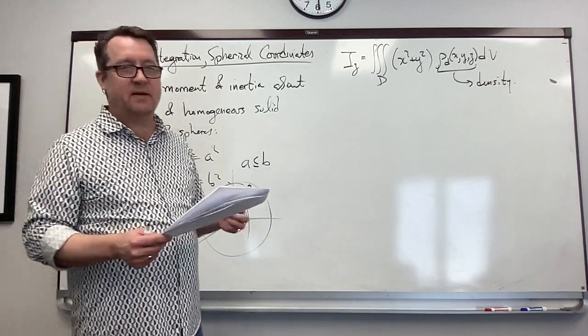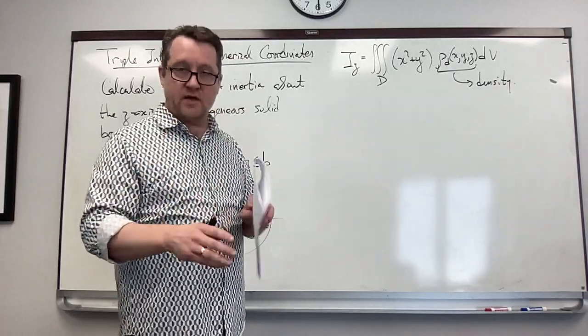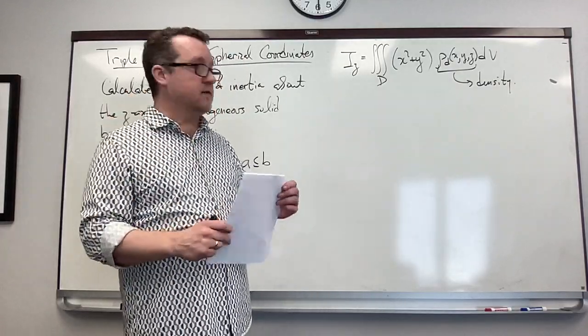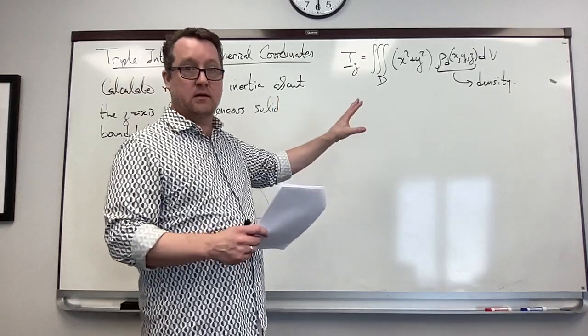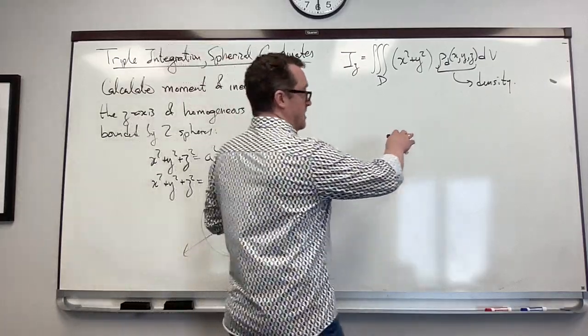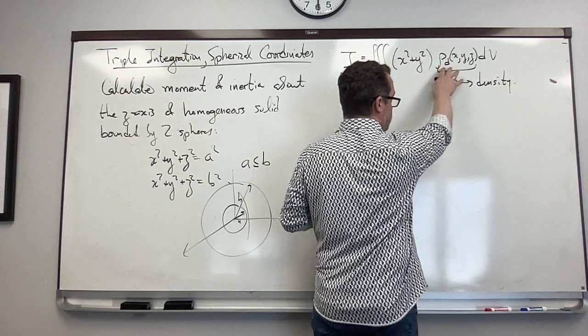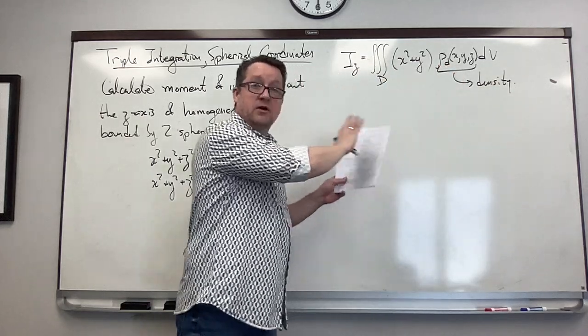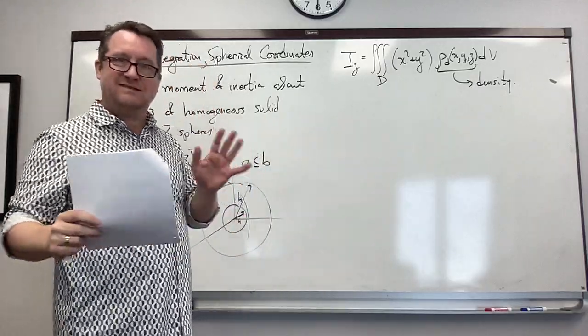That's why in some areas we don't like doing that. We'd rather use a different symbol. Now here we're going to use rho. We just have to keep in mind that when we write rho in spherical coordinates, we're not writing density. Right here, I'll give it a sub d. So this is rho sub d. This is not the coordinate rho. This is the density function. In our problem here, it's a constant. I'm going to call it k, and we'll be done with it. But that's one complexity.